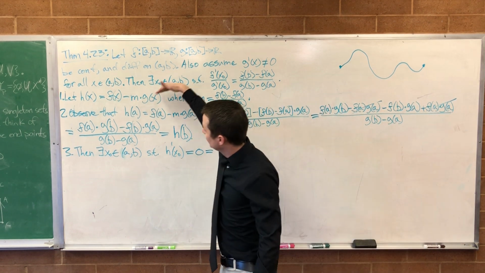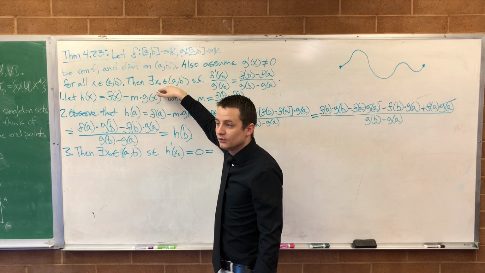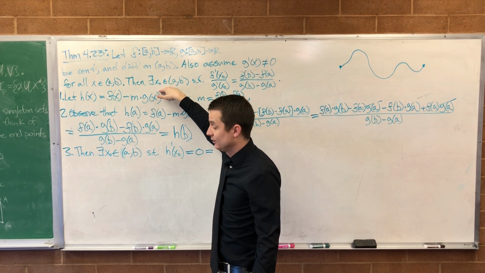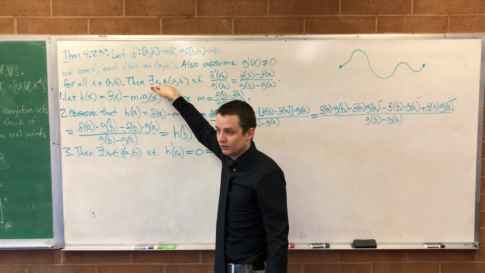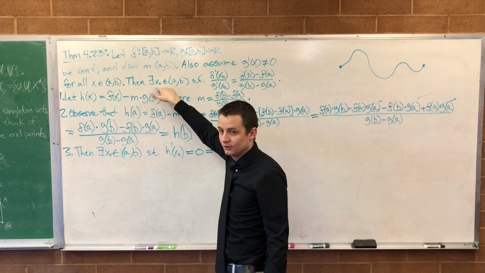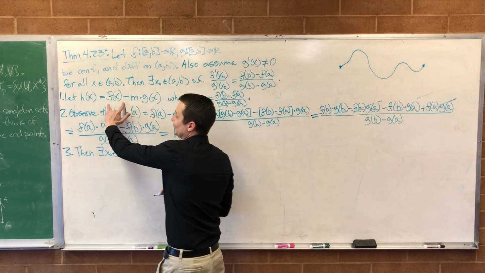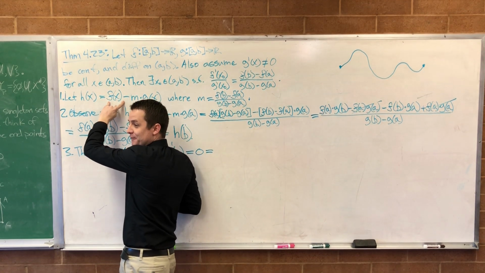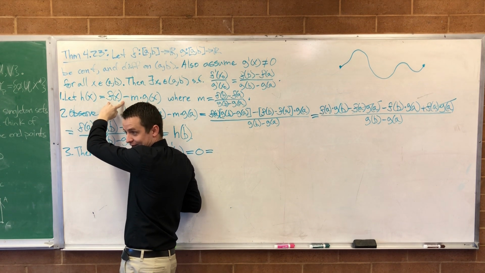What is the derivative of h? It's 0 at this point, but what is the derivative of h in general? It's not m, is it? No. What's the derivative of f of x?